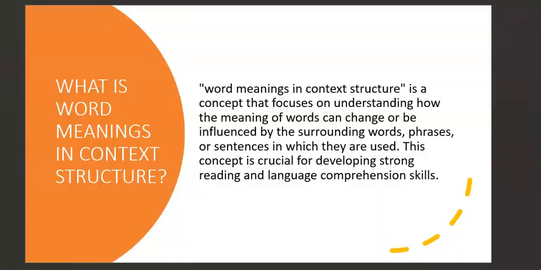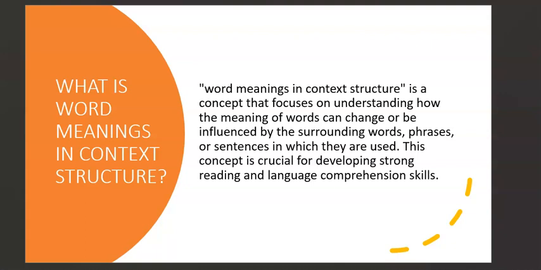So what is word meaning in context structure? I'll just give an overview or an introduction to brief you on what we'll be talking about. Word meanings in context structure is a concept that focuses on understanding how the meaning of words can change or be influenced by the surrounding words, phrases, or sentences in which they are used.